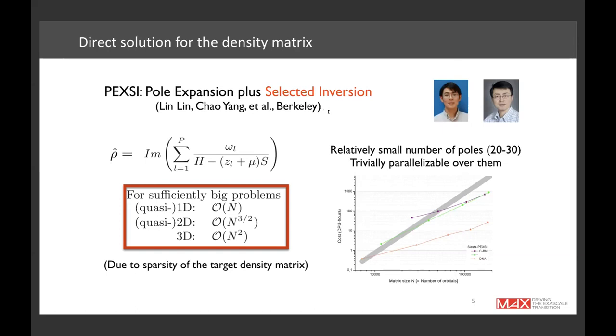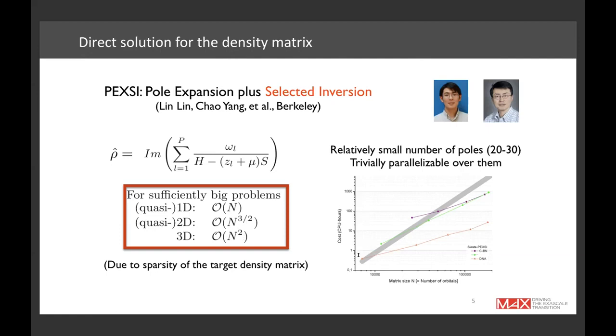We just need a few because of the sparsity of the density matrix. So using a very smart selected inversion algorithm, we can get a workable approach, which in fact has reduced complexity, good size scalability. For quasi one-dimensional systems, it can be linear scaling, and even for three-dimensional systems, at most, it scales quadratically with system size.